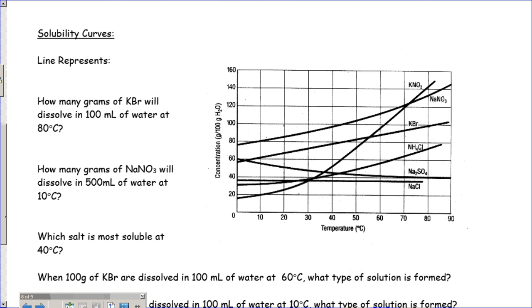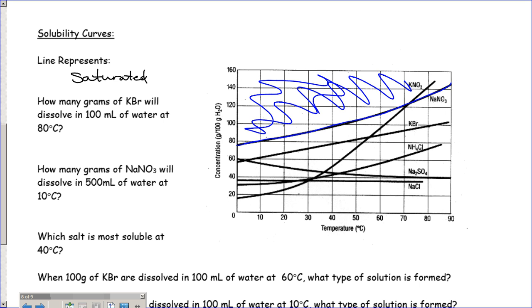Now this diagram is what we call a solubility curve. The line on the diagram represents a saturated solution. So if we consider the solubility curve, let's say here for sodium nitrate, which is this line here, any point that lies above the solubility curve represents a supersaturated solution.